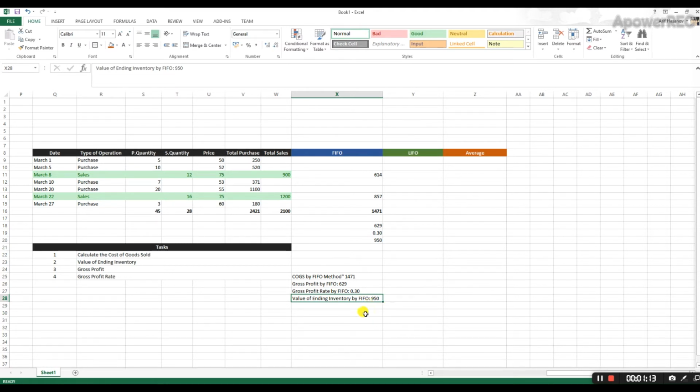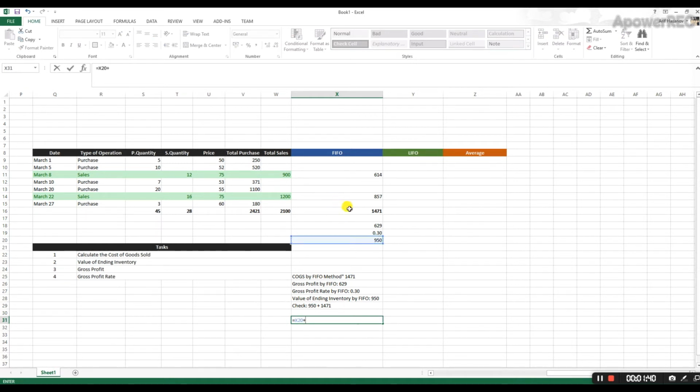And we can check it, right? We can even write this in the exam also, like check. So what does check do? We take ending inventory plus cost of goods sold. This is cost of goods sold here. This 1,471. 1,471. Just make this quick calculation.